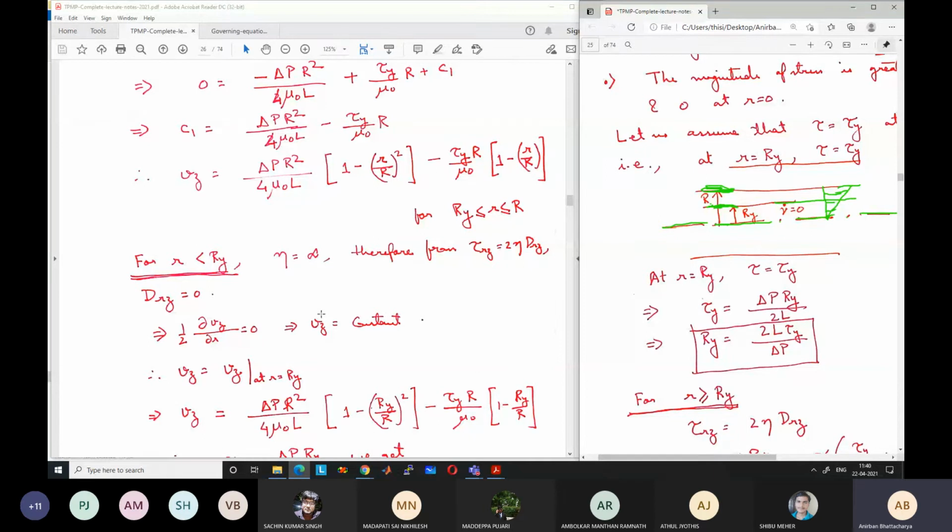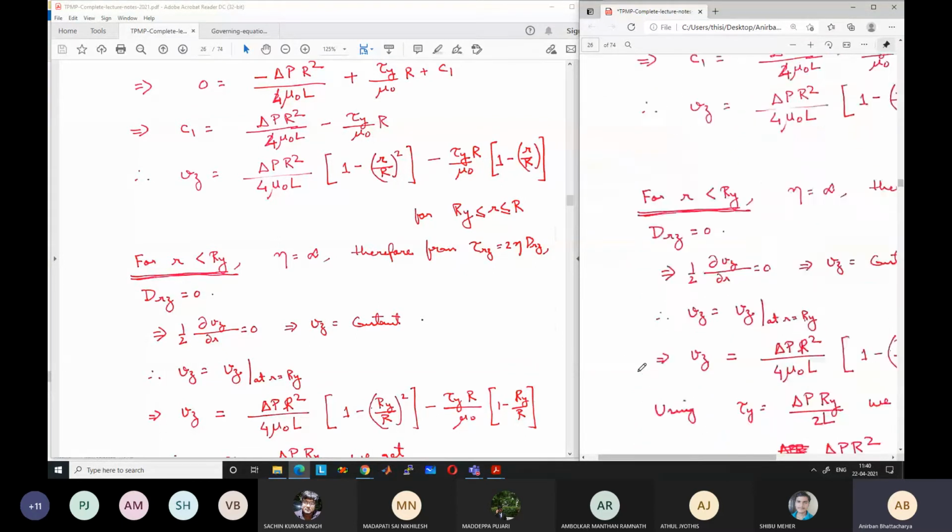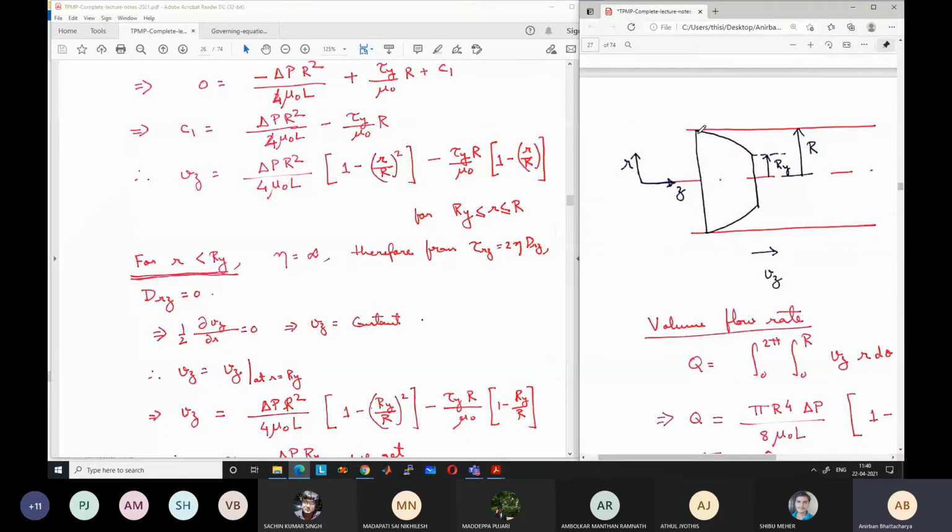If we look at the velocity profile, velocity is 0 at the boundary and it increases in a quadratic fashion up to r equal to r_y. And then from this point onward, for smaller values of r, velocity remains constant, equal to the velocity at r equal to r_y.